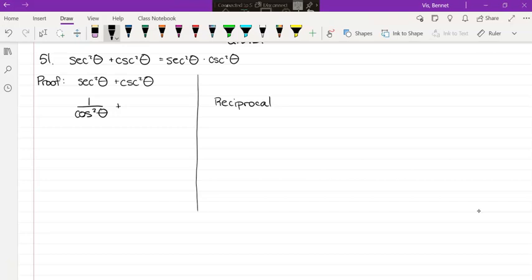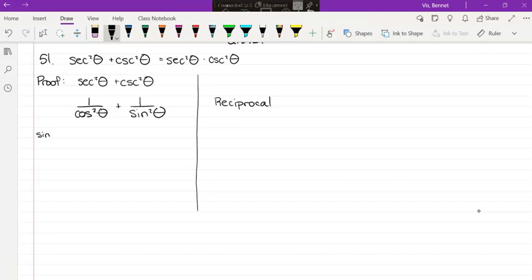I can do the same thing for cosecant. Cosecant squared is going to be 1 over sine squared. And now I have these fractions that do not have common denominators, so I think I want to make common denominators. This one is lacking a sine squared term.